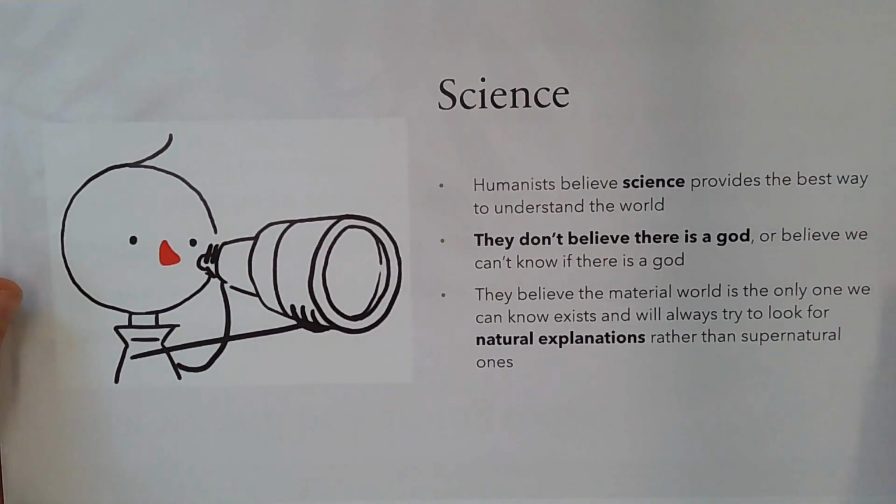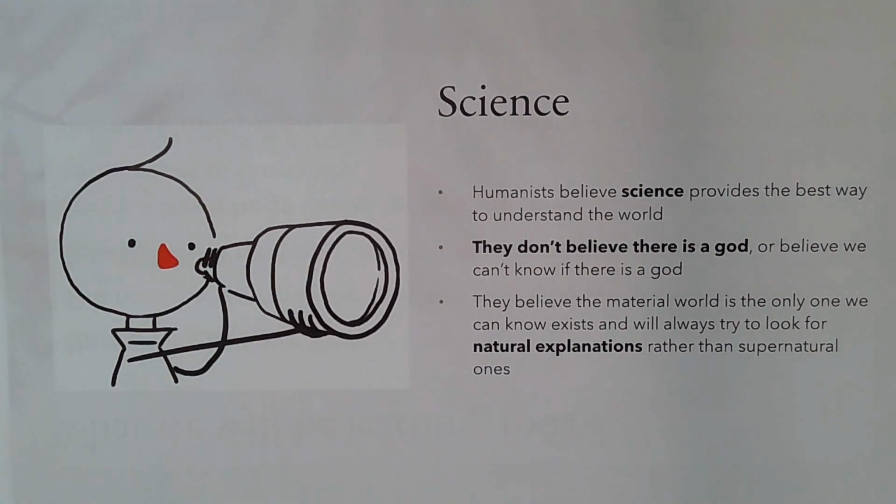So a quick overview of humanism and science. Humanists believe science provides the best way to understand the world. They don't believe there is a God or believe we can't know if there is a God. So in the morning briefing we've discussed atheism and agnosticism, and that refers to that. They believe the material world is the only one we know can exist and will always look for natural explanations rather than supernatural ones.